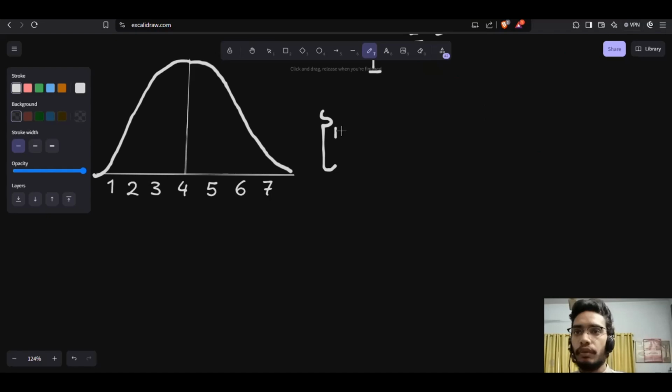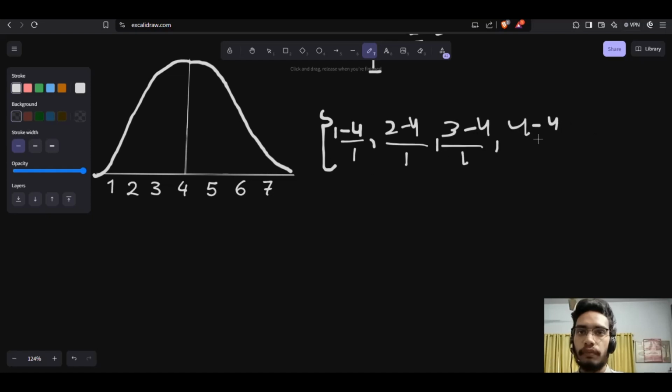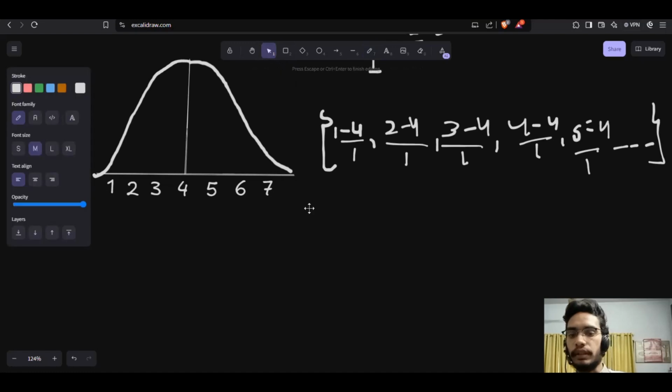So this would be 1 minus 4 divided by 1, and for the second value, 2 minus 4 divided by 1, and 3 minus 4 divided by 1, and similarly 4 minus 4 divided by 1, 5 minus 4 divided by 1, and so on. You can just calculate it. So our final dictionary would be somewhere like this.